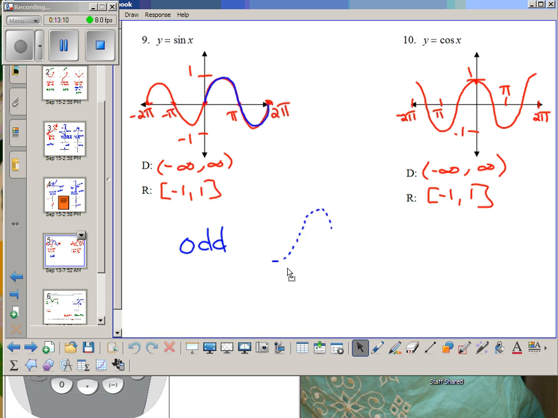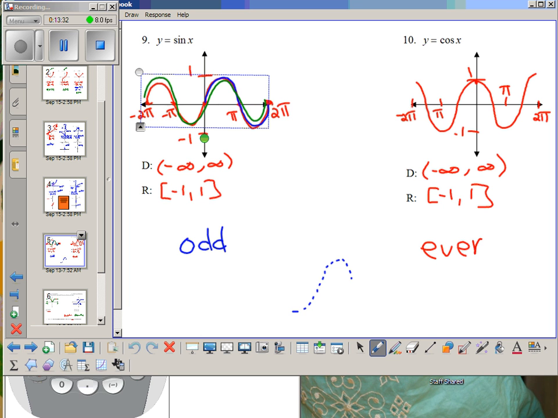Let's actually do this right here. I don't know how good this will be, but we'll give it a try. If I take this and I rotate it 180 degrees, if it was a nice little thing, I would get essentially the same graph. So this one's odd. And then finally, cosine of x does have that reflectional symmetry, and this one's even.